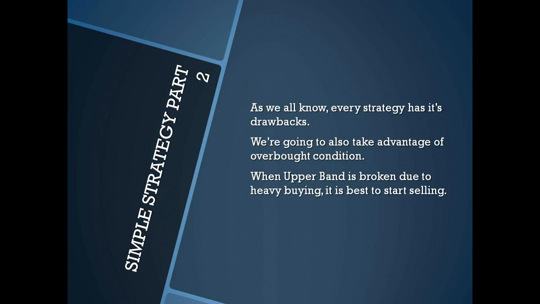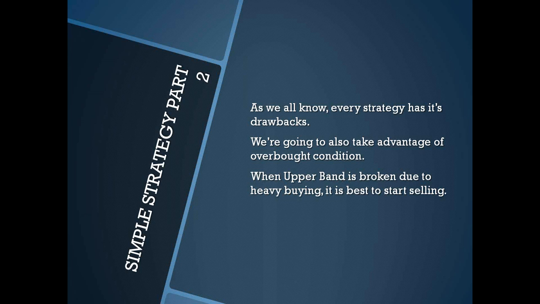So, part 2 of our simple strategy is that, from what we know, every strategy has its drawbacks, meaning that if it works on the sell position, it also works on the buy position. Okay, meaning that if, let's say, it breaks our upper band.